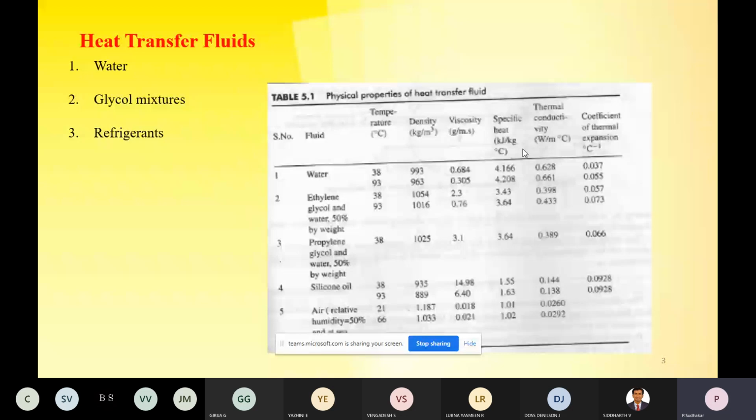The reason for going for alternative fluids other than water is a low freezing point.